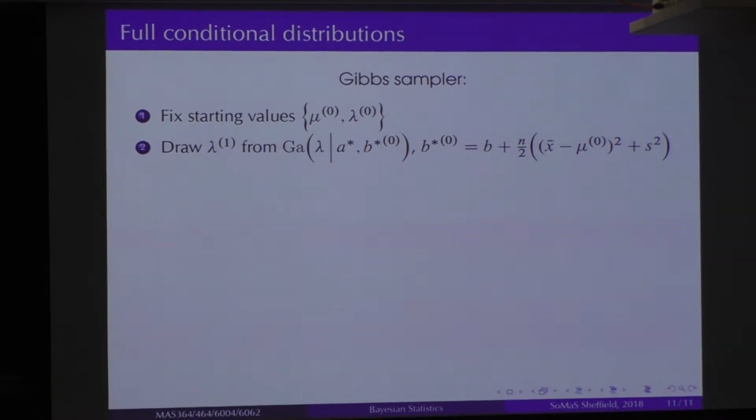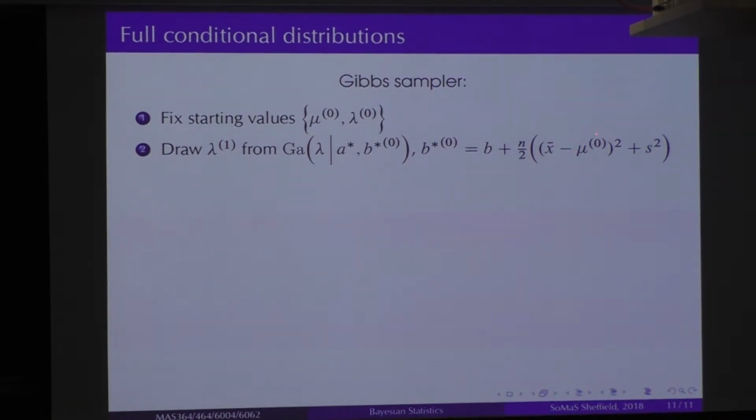And if you remember, the full conditional for lambda is a gamma with parameter a star, that does not depend on the other parameter, that was a plus n halves, and b star, which depends on the data but also on the other parameter. Okay, so given that the current state of the chain is mu naught, lambda naught, the most up-to-date value of mu is mu naught.